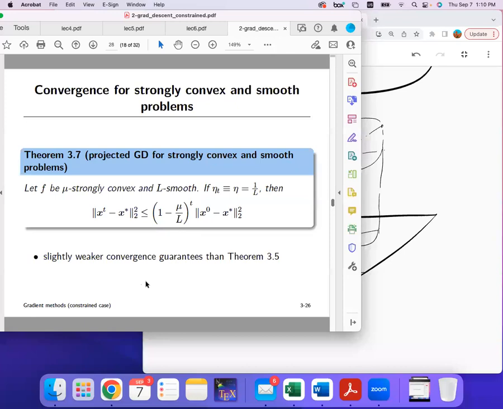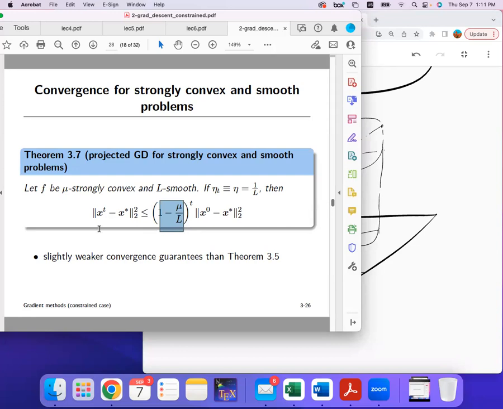It is slightly weaker than the convergence guarantee of Theorem 3.5. So 3.5 is for gradient descent applied to strongly convex and smooth problems. Well, we don't have a constraint there. The only difference is that we don't have a constraint. And it is weaker in the sense that this coefficient is slightly bigger, but it is still less than 1.